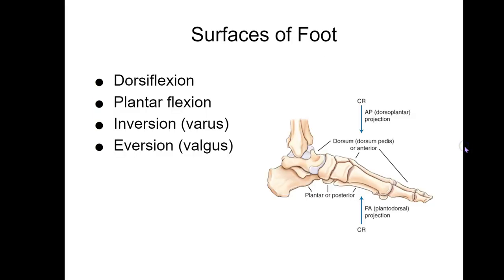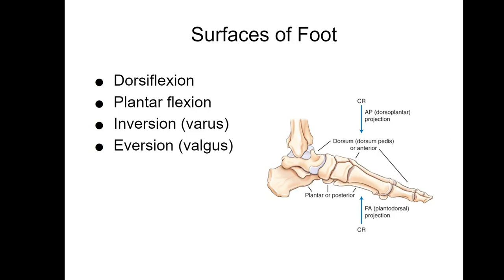Next, the surfaces of the foot. We talked about this earlier in the semester, but the surfaces of the foot are sometimes confusing because the top or anterior surface of the foot is called the dorsum. Dorsum or dorsal usually refers to the posterior aspect of the body, so that gets a little bit confusing.